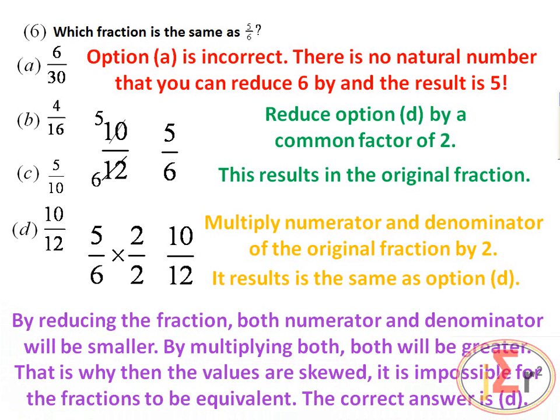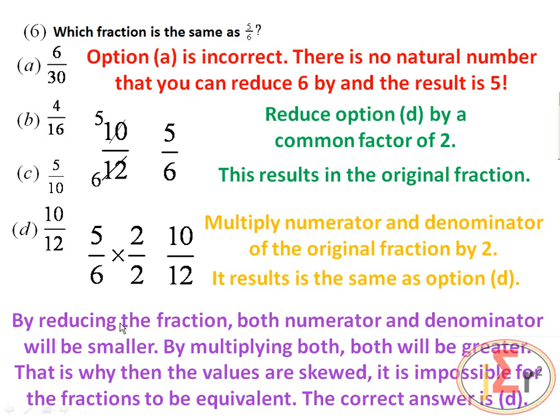Why is it that when, for example, we compare the fraction with B, in this case, the numerator is smaller than this one, but the denominator is larger, that this cannot be a correct answer?